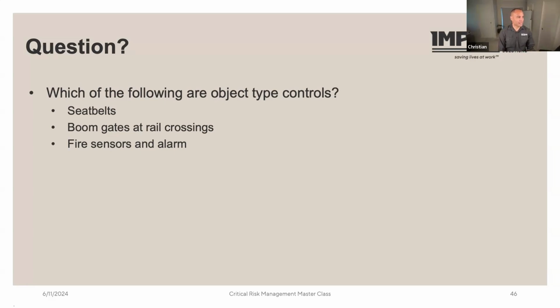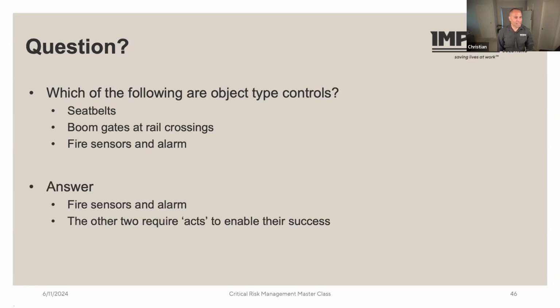Okay, interesting. Seatbelts. All right, it is another little boom gate. Okay, it is another trick question. So if we think about an object, it doesn't require a human to do what it needs to do. If we looked at those, then, in theory, with seatbelts, the seatbelt has the object, the reel and everything like that, but also a human needs to put it on and plug it in.